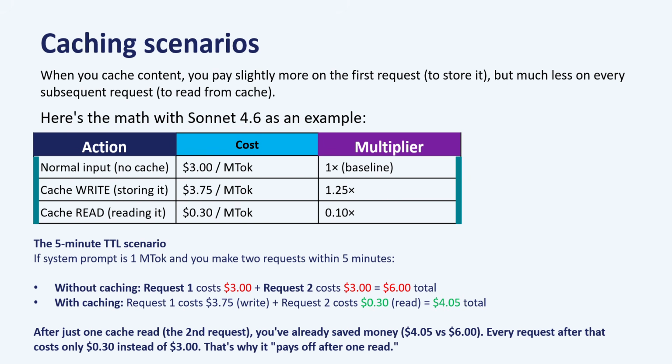If we enable the cache, we can save a lot, because for the first go, it has to write onto the cache. Instead of $3, it will cost you $3.75 per million tokens. Once you start reading that specific cache for the next request, it will not cost you $3. It will cost you $0.3.